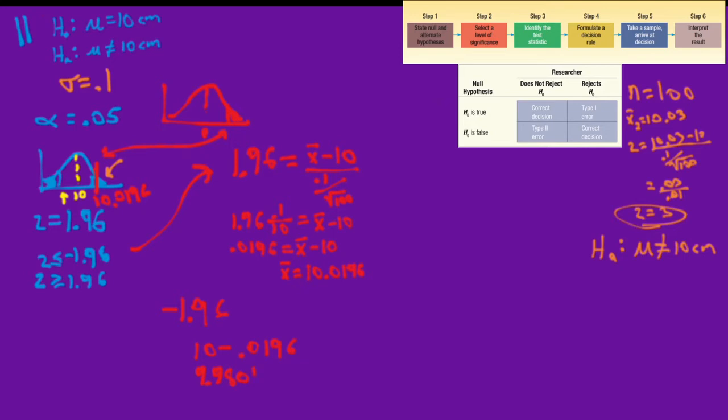Okay, and so now we have two values for which, if we take a sample mean and it is outside of these values, let's just write them in here: 10.0196 and 9.9804. Did I say that right? Yeah. And now, what does that do for us?